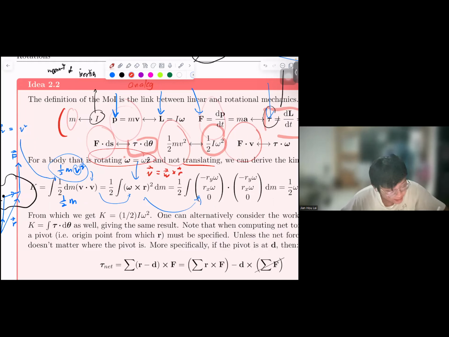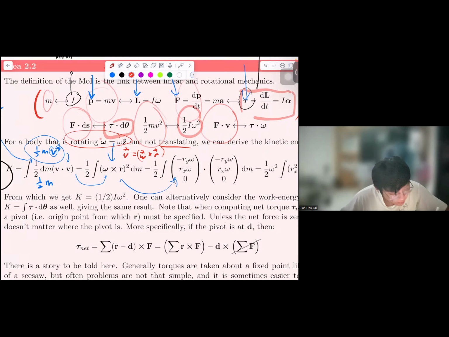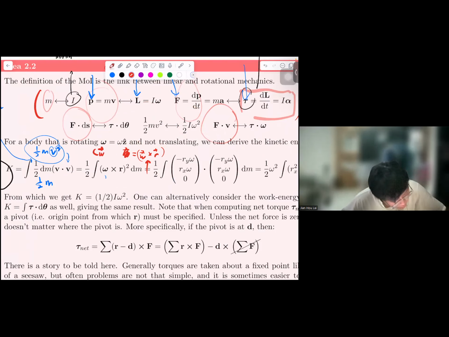Take this vector, which has two vectors in the product.